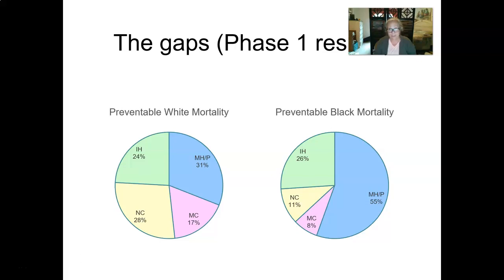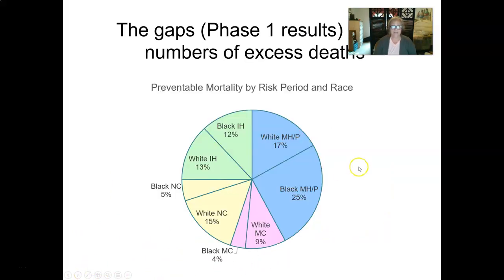And if you have more populations in the county or city, you can put all of them together and make a sort of county-wide gap analysis here. This is just excess numbers of deaths by period of risk and race. And this really points us towards that blue box and then towards the green infant health period of risk.